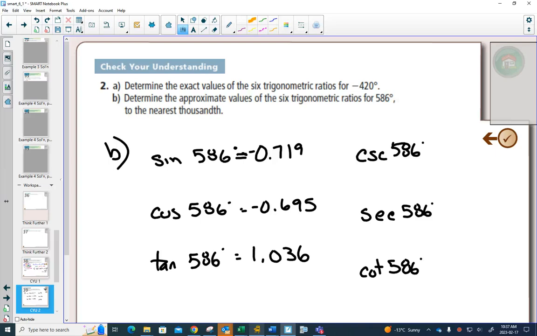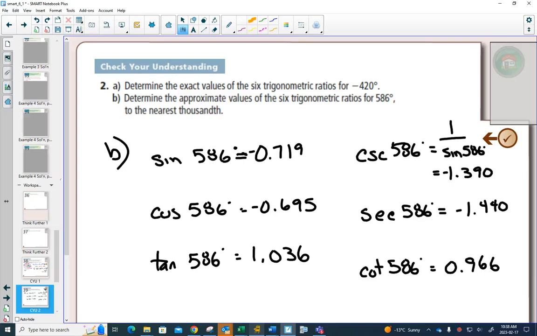Now you don't have a cosecant button on your calculator, but what we're going to do then is type in 1 over sine of 586, negative 1.390. 1 over cos is negative 1.440, and 1 over tan is 0.966.